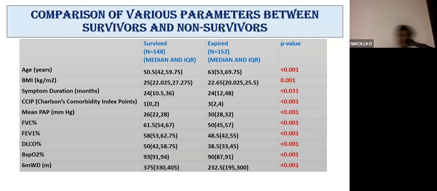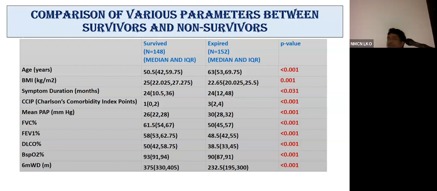Now, on statistical analysis, the continuous variables found to be statistically significant regarding outcome of death or survival were age in years, BMI, symptom duration in months, CCIP, that is Charlson Comorbidity Index points, mean pulmonary artery pressure in millimeter of mercury, FEV1 and FVC, percentage of DLCO, baseline SpO2 percentage, and 6-minute walk distance in meters.